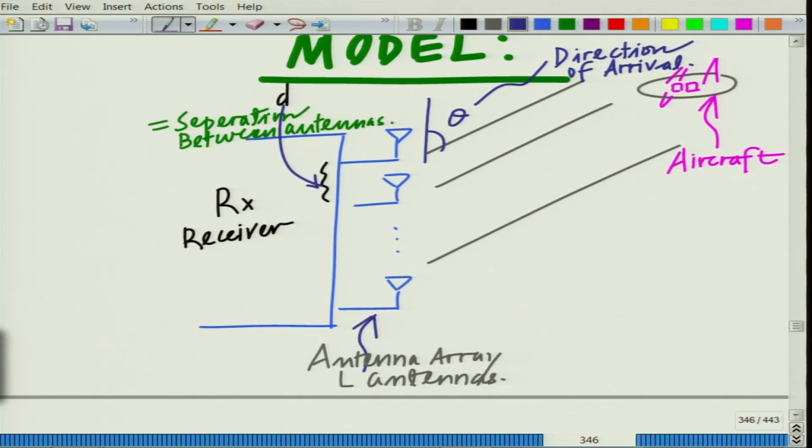That is, these different antennas are spaced in an array of antennas, a linear array, and the spacing between the antennas is uniform, that is D, and therefore, this is also known as a uniform linear array.